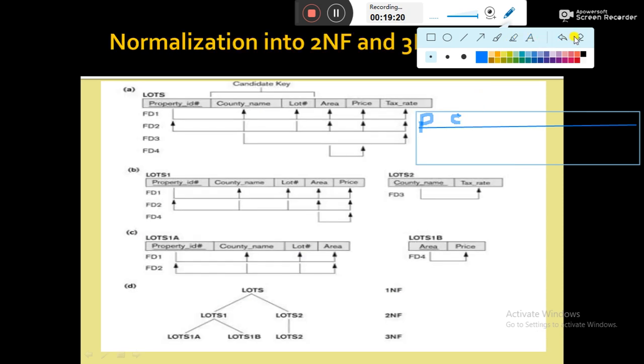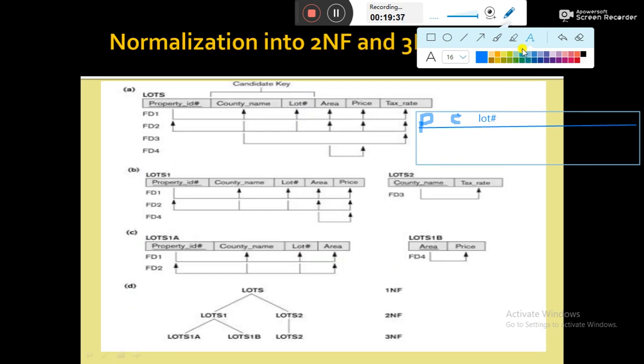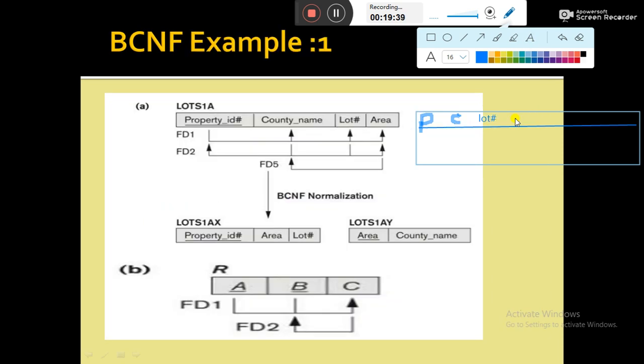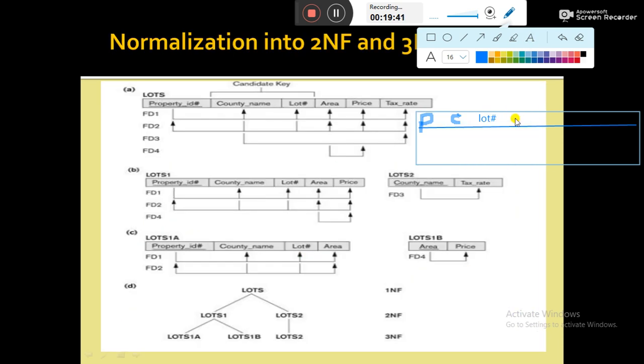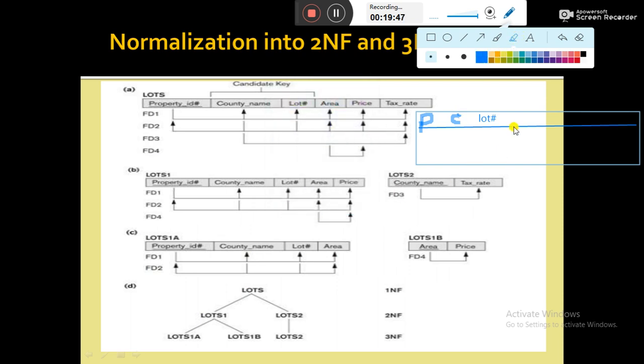Again, let me draw it. Suppose this is lot number. Then area.